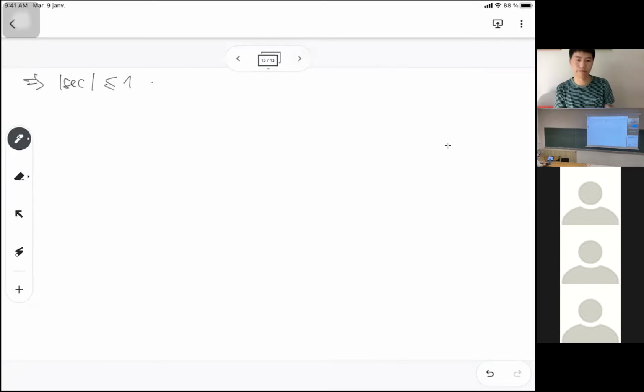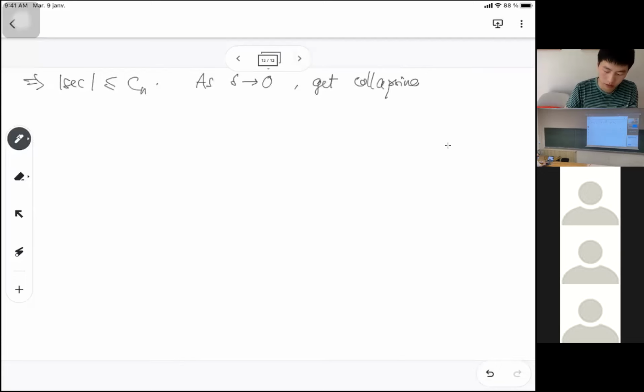You can get examples of collapsing metrics on a compact manifold by taking a compact quotient of your Lie group N. Take a metric on, for instance, N quotiented by gamma, where gamma is this co-compact lattice given by integer coefficient matrices.